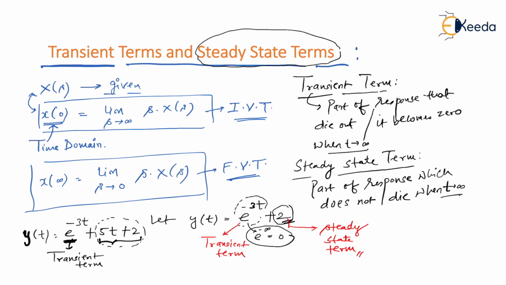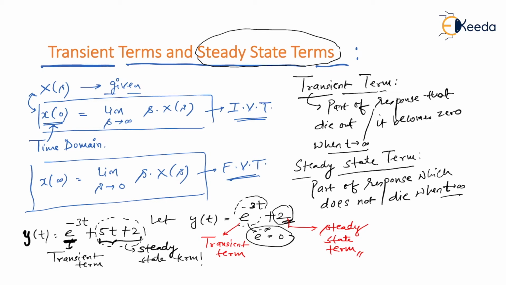So whatever mathematically becomes 0 at t tends to infinity is known as a transient term. And thereafter, whatever remains in a given x of t or y of t or any function is known as a steady state term. I hope you understood the meaning of transient term and steady state term.